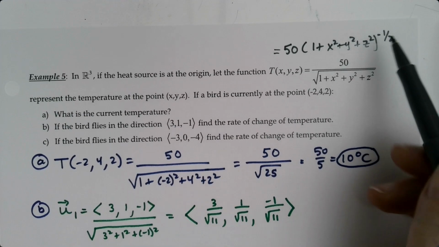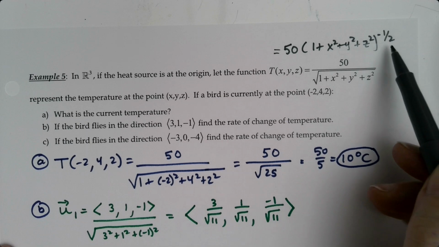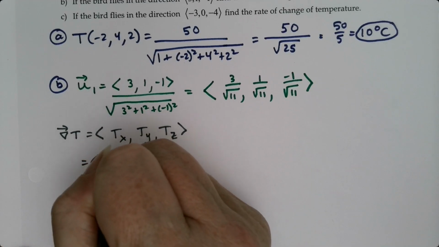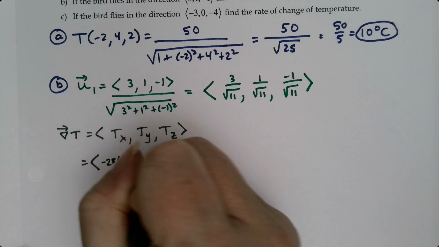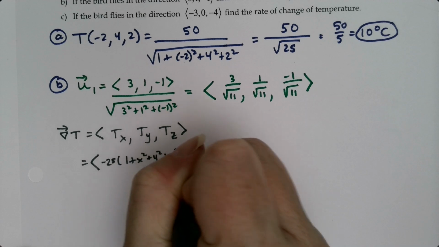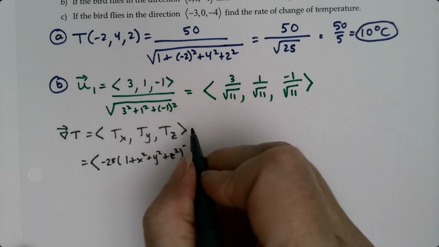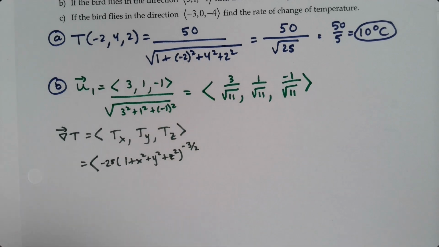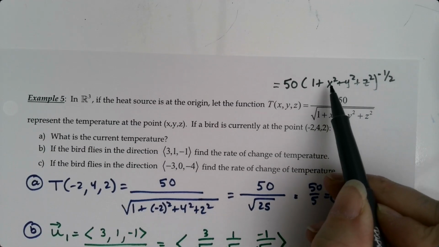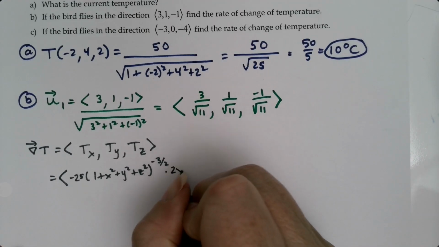Okay, so if I bring the -1/2 down, -1/2 times 50 is -25. So I'm just going to do that right now. -25 times (1 plus x squared plus y squared plus z squared) to the -3/2 power, because we subtract 1, times the derivative of the interior with respect to x, which would be 2x.